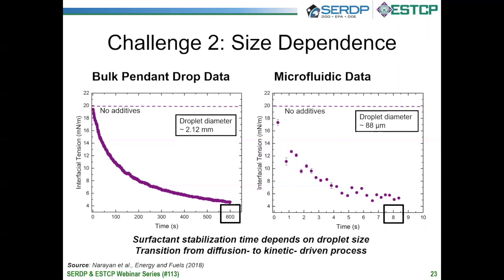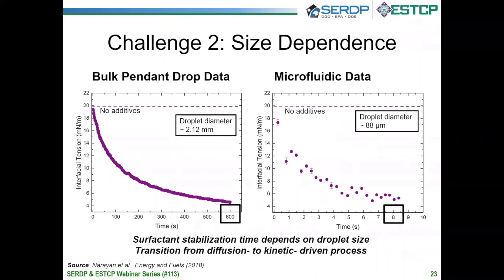This data here shows results for water droplets that have been entrained in diesel fuels, and we're measuring interfacial tension as a function of time. You'll see that it changes as a function of time, and that's because these diesel fuels contain additives that improve performance and reduce corrosion. But these additives will also stabilize the entrained water droplets, which you would want to remove from the fuel.